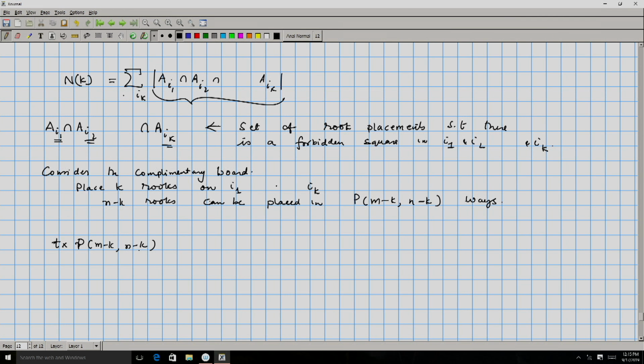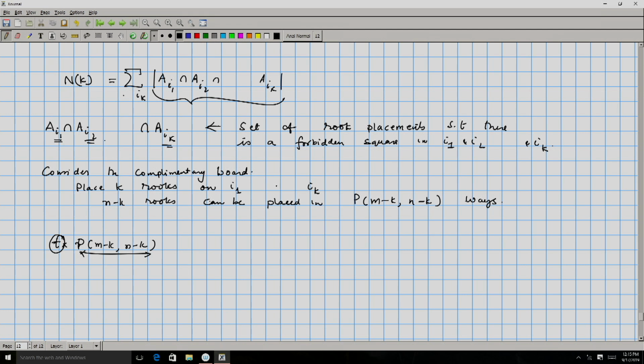The remaining m minus k columns and n minus k rows can be used. So, t into P m minus k, n minus k ways are there to place rooks, where this t is just the number of ways of placing rooks on the complementary board.